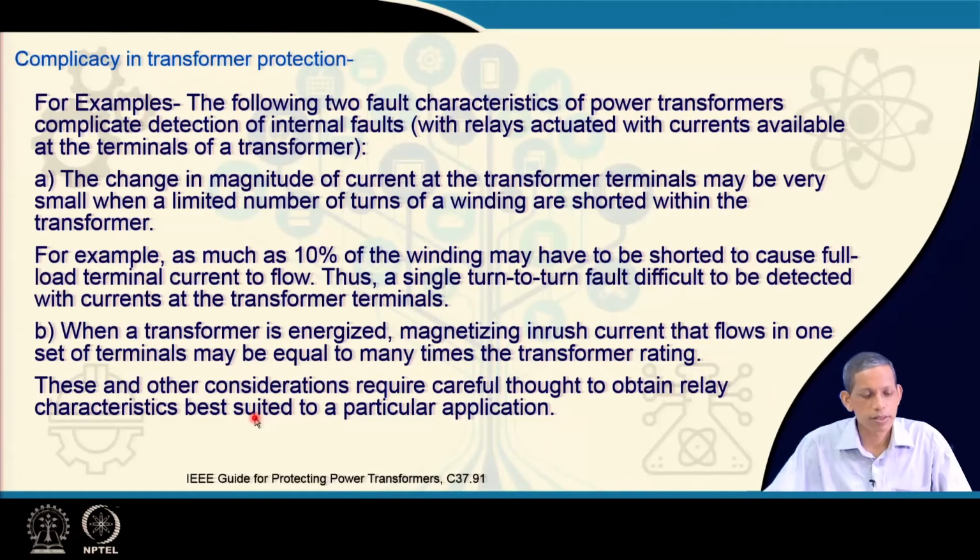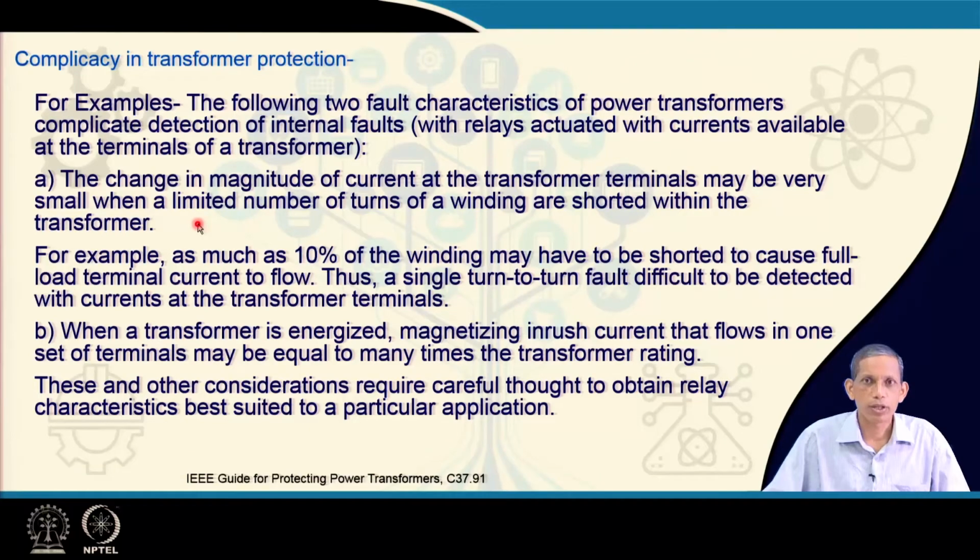The transformer is a static device, but it has numerous protection challenges. To start with, we have one example here. The change in magnitude of current at the transformer terminals may be very small when a limited number of turns are short circuited. When a turn is shorted directly to the ground, the corresponding current may be significant.